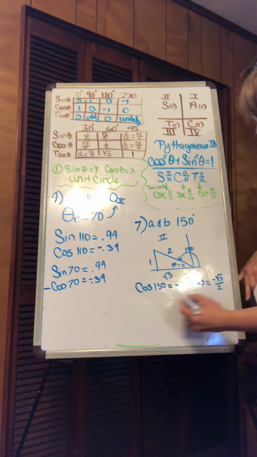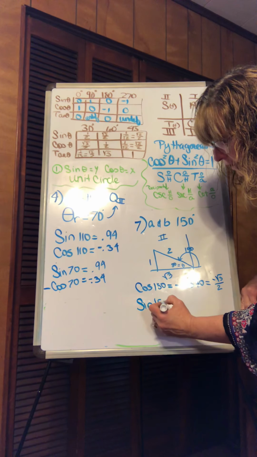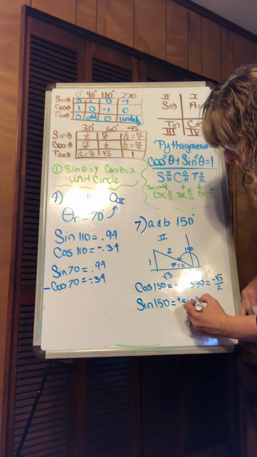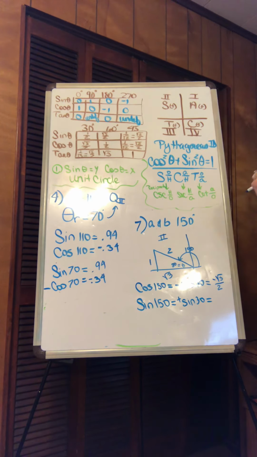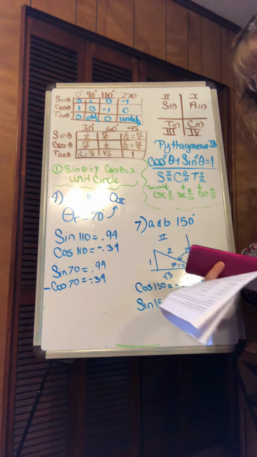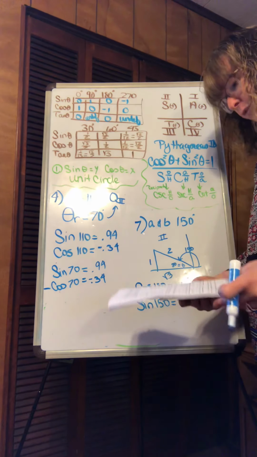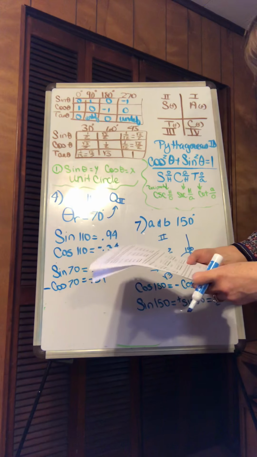And the sine of 150 is equal to the positive sine of 30, because again, I'm in quadrant 2, sine's quadrant, this would be positive 1/2. So as long as you can draw out the angle and its reference angle, and then go to your charts, you're going to be able to answer 7.